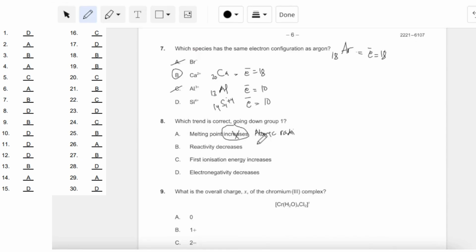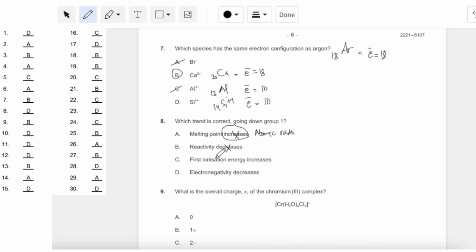What about reactivity? It increases. As you know, francium is more reactive compared to lithium or sodium, because again it is easy to lose the electron, so it reacts more readily with other elements.